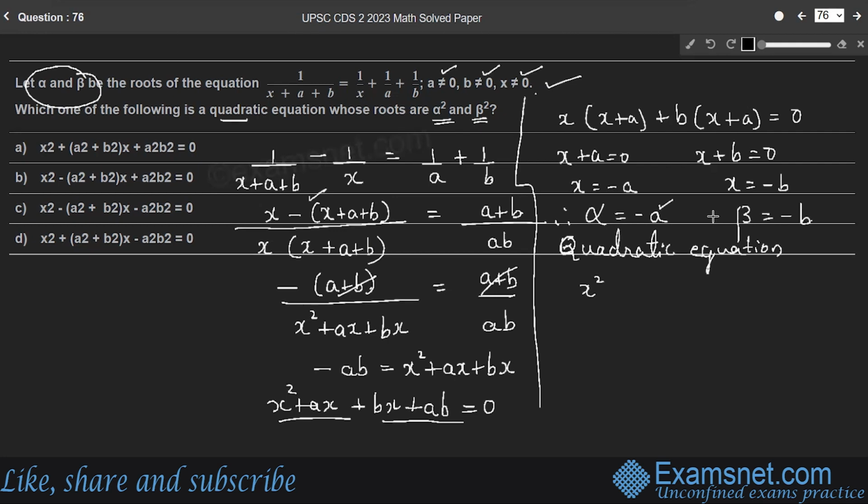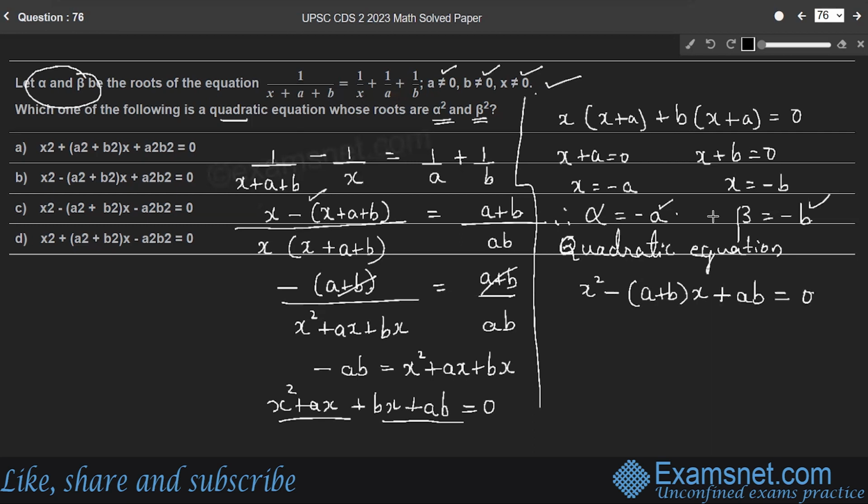The sum of the two roots is a negative value, so it becomes minus of (a plus b) into x, plus the product of the roots. So minus a into minus b is plus ab, is equal to 0.